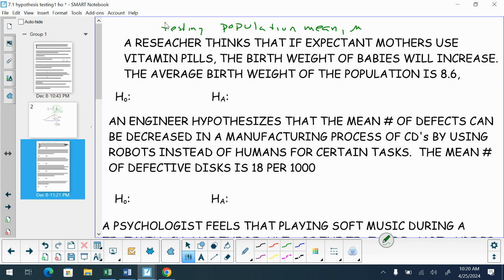So all these things we're going to be dealing with right now, we're going to be talking about just the mean, the population mean.